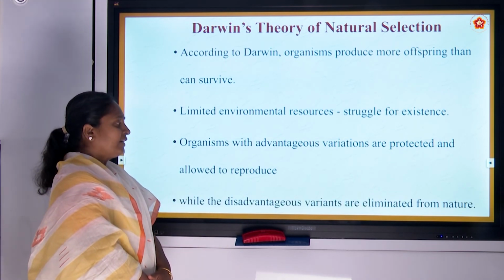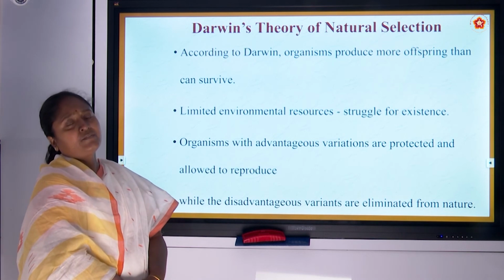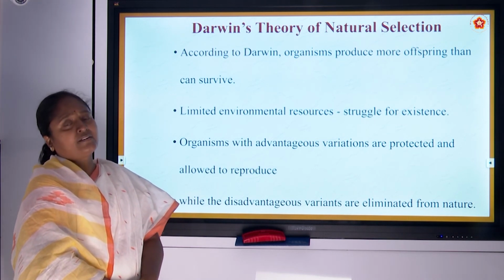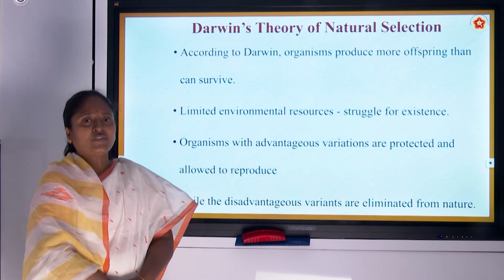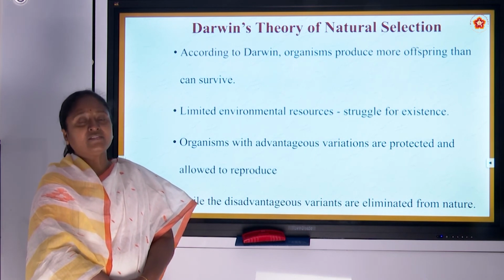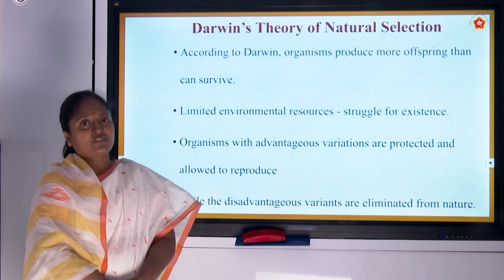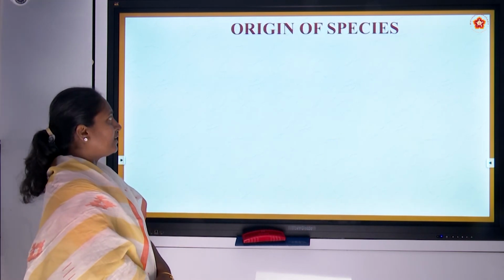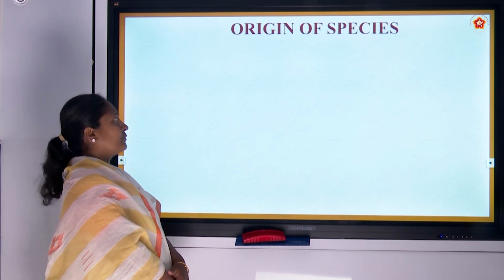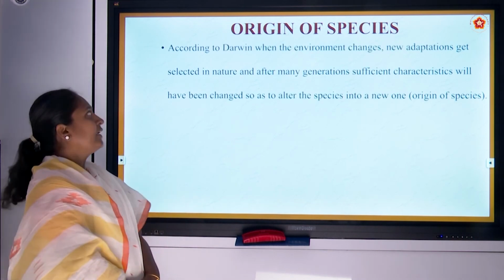And the disadvantageous variants, which are not at all necessary, will get eliminated. Even a variation happening in a different part of the body which is not required or necessary for the organism, those organisms will tend to be eliminated from the environment.